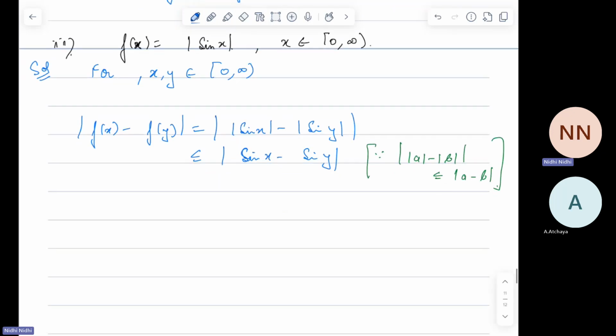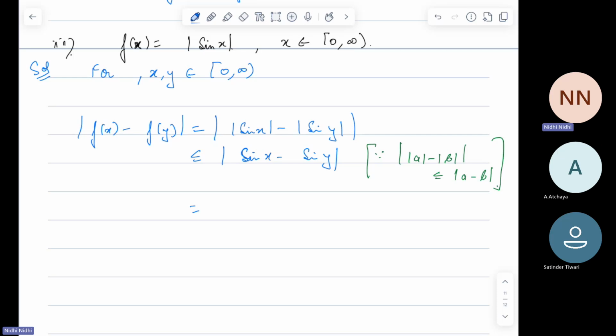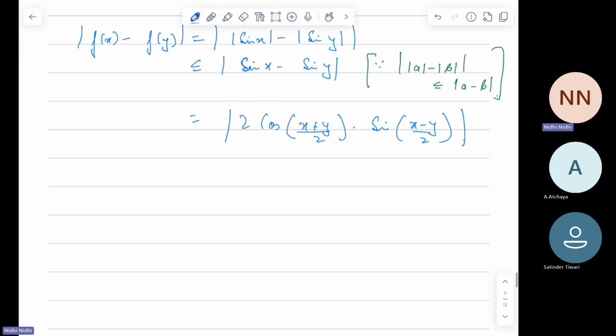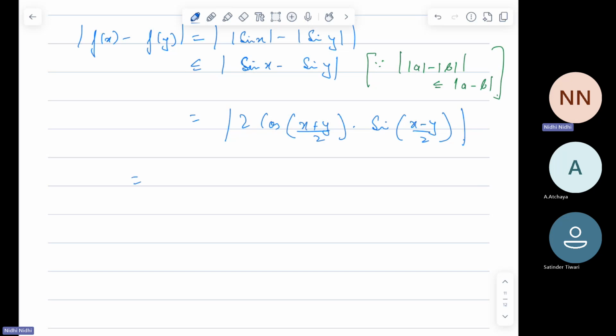Now using sin x minus sin y, this will be equal to 2 cos of (x plus y) by 2 times sin of (x minus y) by 2. This is the basic sin a minus sin b property. So this will be equal to 2 mod cos of (x plus y) by 2 times mod sin of (x minus y) by 2.